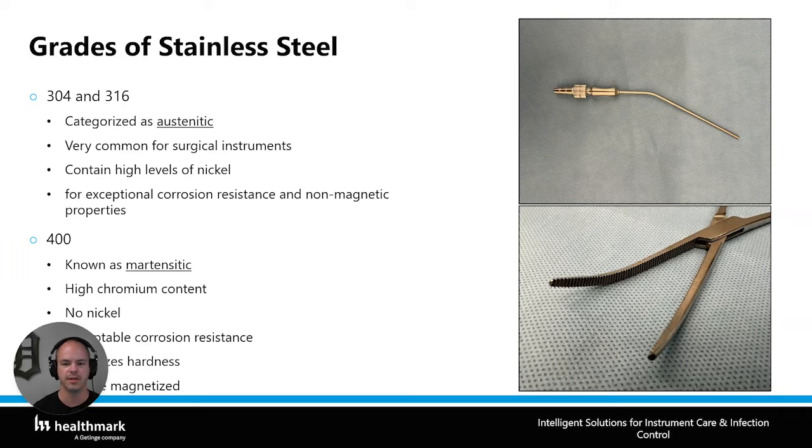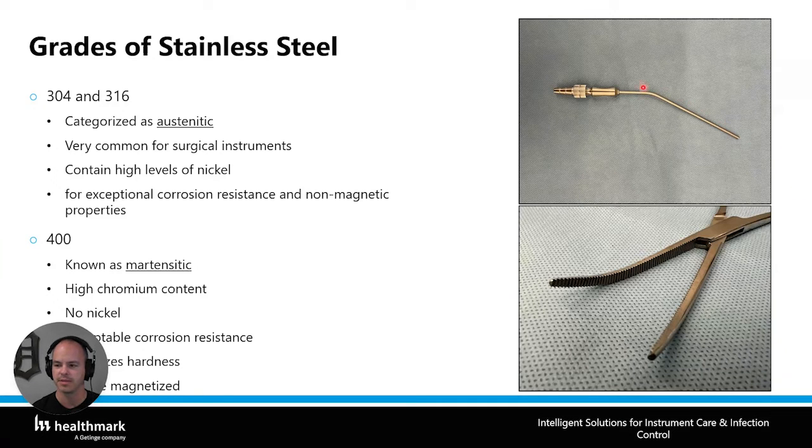So the 304, 316 grades are categorized as austenitic. They're very common for surgical instruments. They contain high levels of nickel, and this leads to exceptional corrosion resistance, and it's also non-magnetic, and that's going to be important as we go.